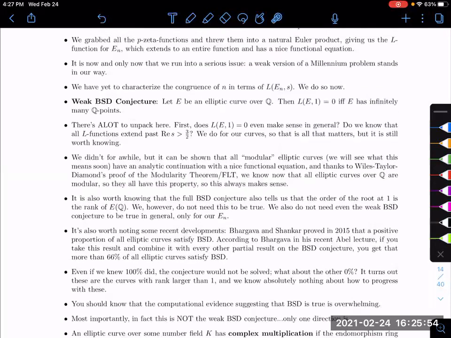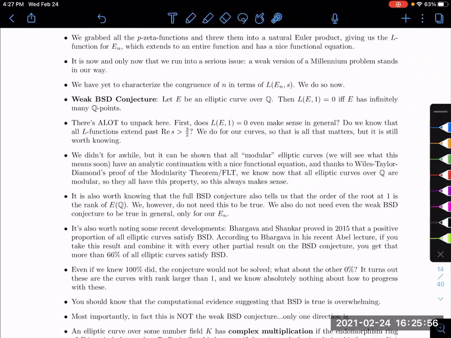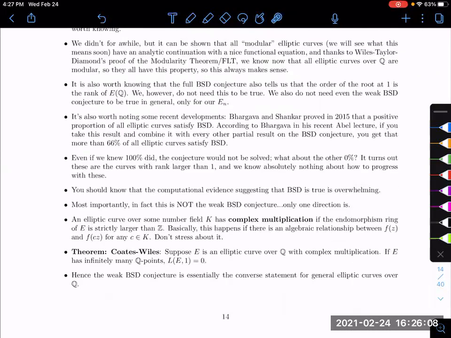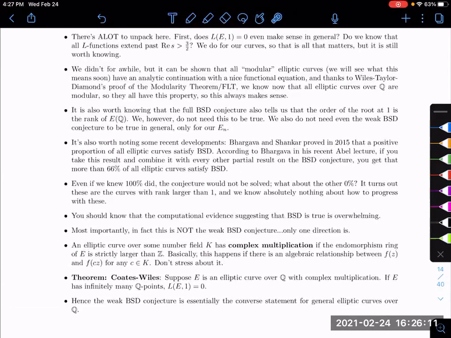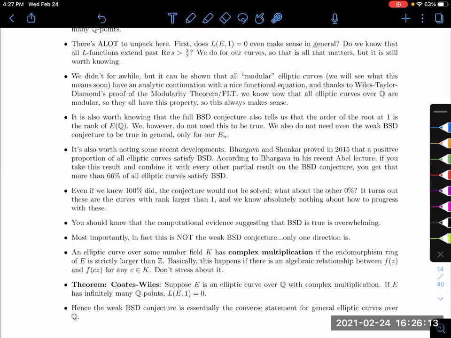Now the most important thing I have to say about this is not even the weak BSD conjecture, because it turns out one of the directions of this if and only if is already solved, thanks to Wiles and his advisor Coates. So first of all, a quick definition. An elliptic curve over a number field K, a number field is just a finite extension of the rationals, has complex multiplication if its endomorphism ring, so self-homomorphism ring, is strictly larger than Z. That's fancy algebraic language.